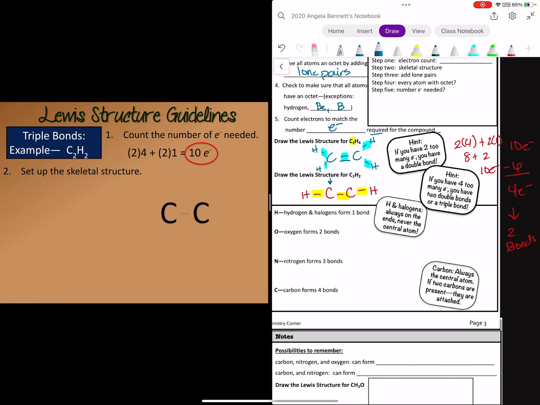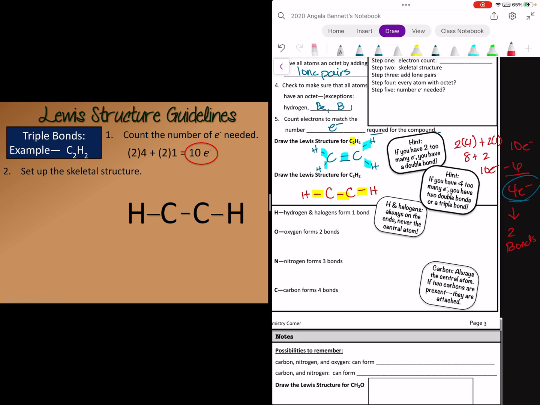So in order for him to be totally happy and satisfied, he is going to need 4 more electrons. So there's 1, 2, 3, 4. But when I do that, that uses up all of the electrons that I have left over. And so the second carbon is not going to be very happy at all because he's only getting 4.